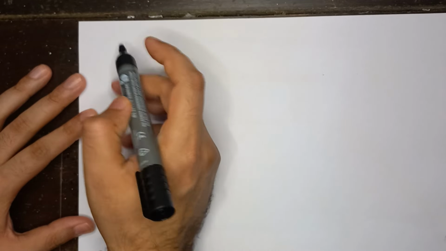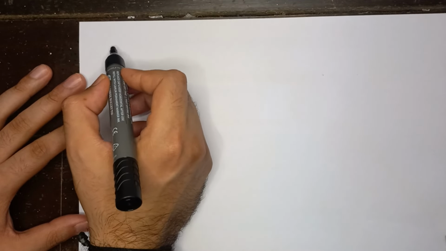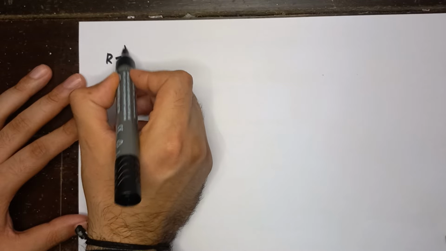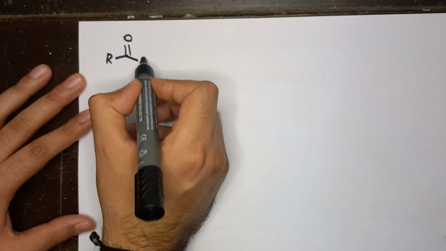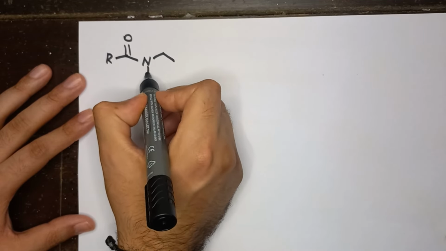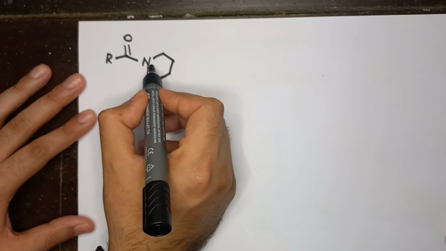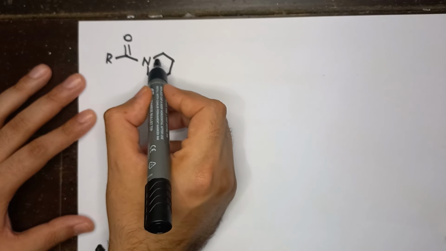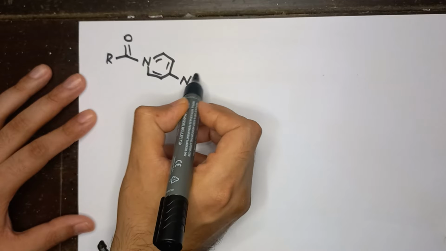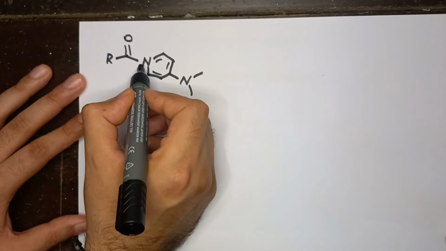So the other product is RC double bond O, nitrogen. Basically we have attached DMAP with our reactive species, and here we have a positive charge.